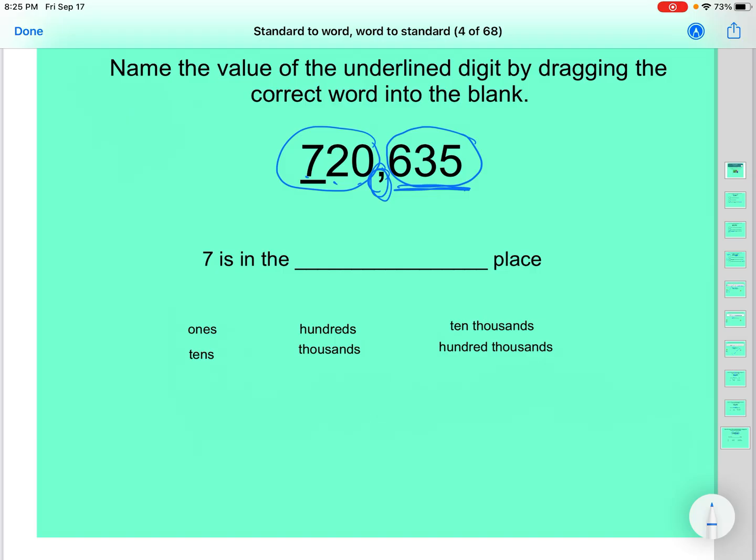All right, I need to identify the place value of my 7 this time. Who knows the place value of my 7? Say it aloud. If you said 100,000s, you are absolutely right. Ones, tens, hundreds, thousands, 10,000s, 100,000s. That 7 is in the 100,000s place.